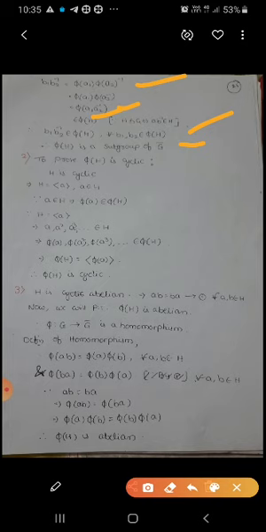Now we will prove the second property, that phi of H is cyclic.